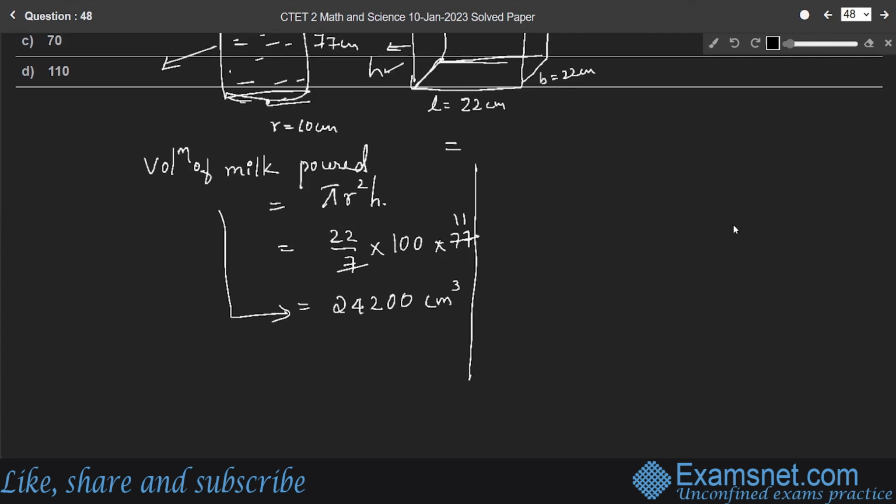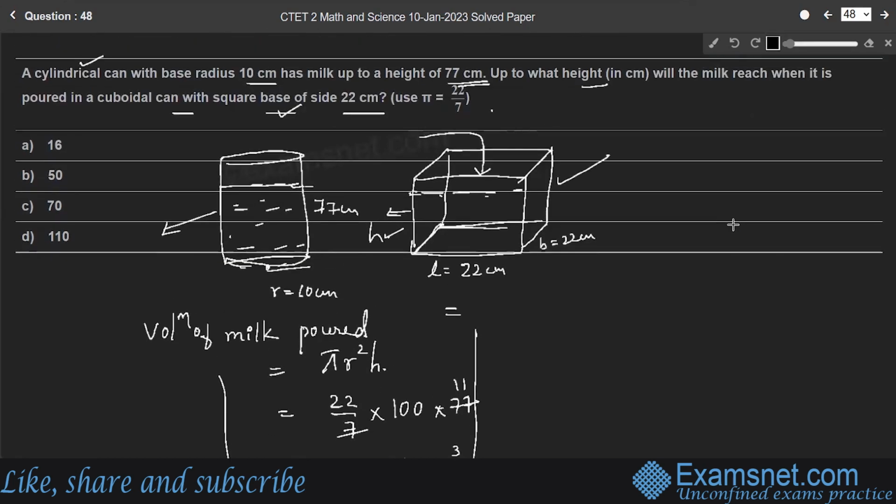When the same volume of milk is poured into a cuboidal can, right? So the volume of milk poured in a cuboidal can is equal to the volume of the cuboid, which is length into breadth into height. Right? Here the volume is same.